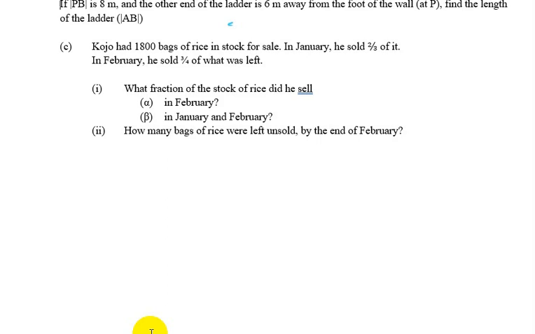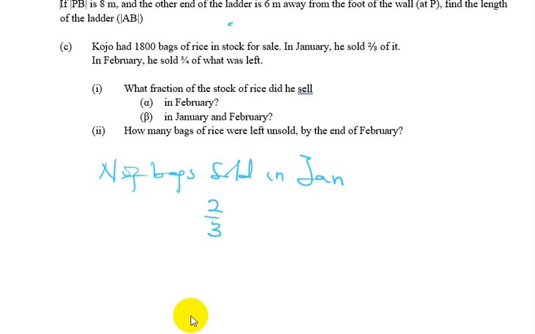Now this question is a fraction question, so let's get straight into it. So now he had 1,800, right? And he sold 2/3 of it. So we have to know the number of bags sold in January. In January, it will be the January fraction, that is 2/3, multiplied by 1,800. 3 goes into 18 six times, then the 2 zeros will come.